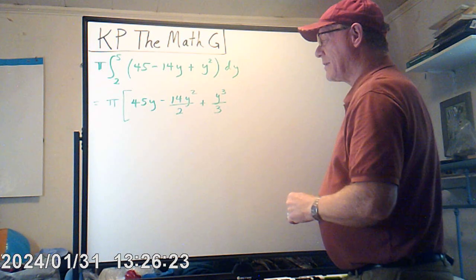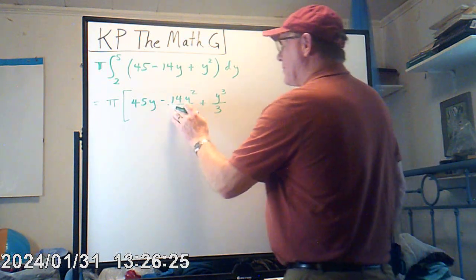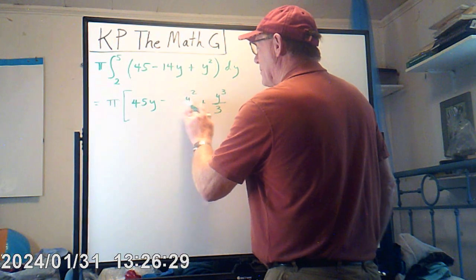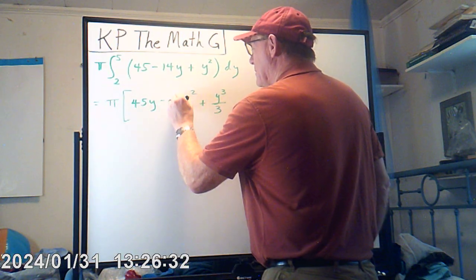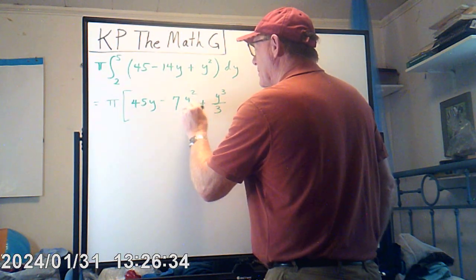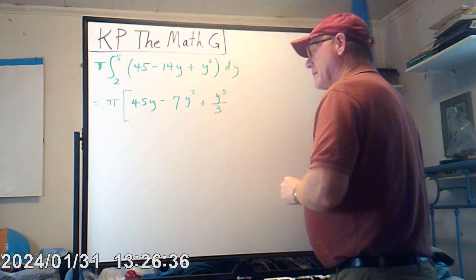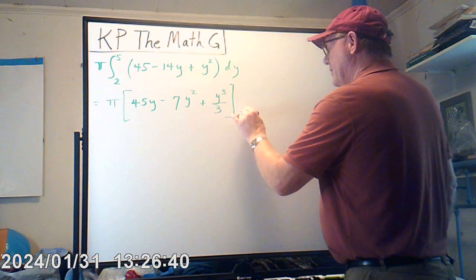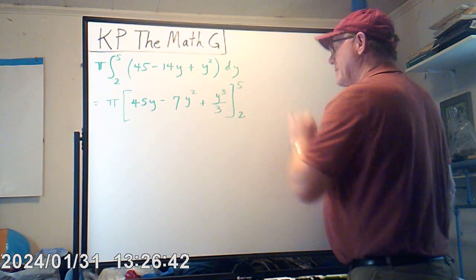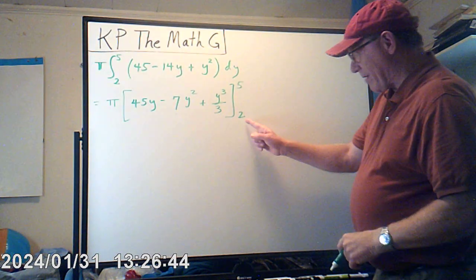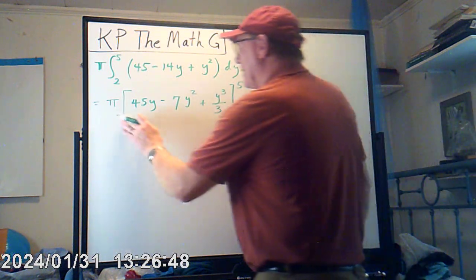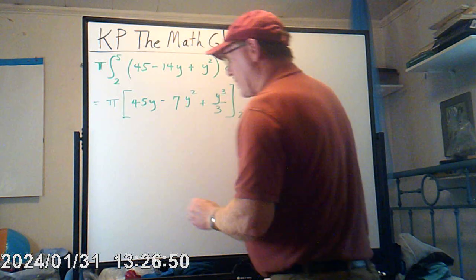That goes like that. 14 over 2 is 7, so I'm just going to make that a 7y squared. So this is all 7y squared. Now we're going from 2 to 5. Be nice if that were a 0, but it's not. So we got a long problem here. It makes for a long answer.